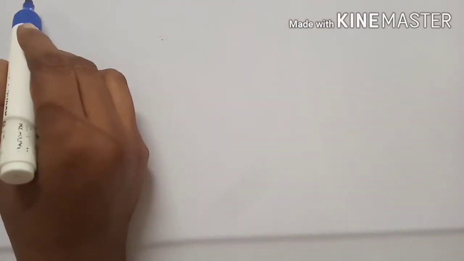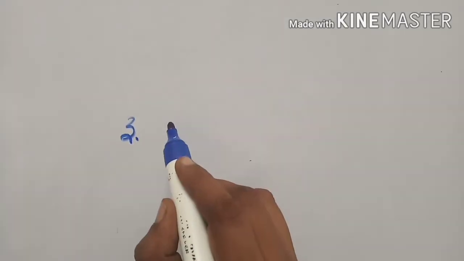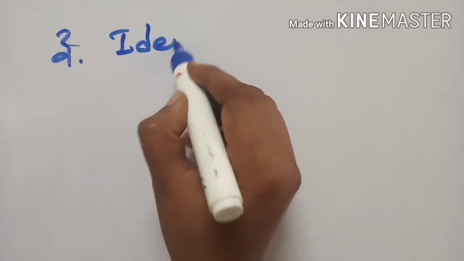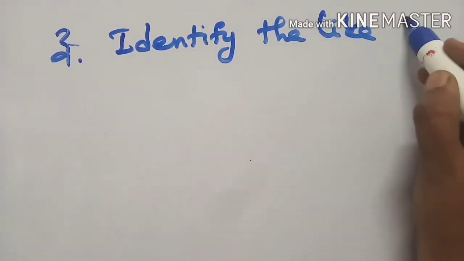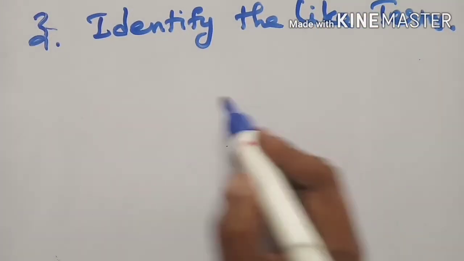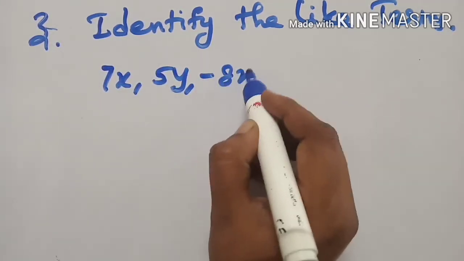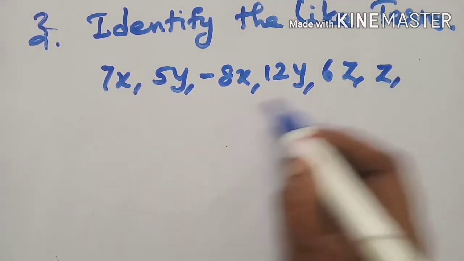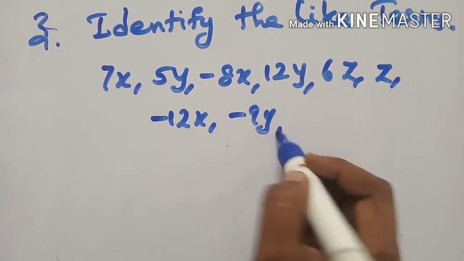Now, the given terms are 7x, 5y, minus 8x, 12y, 6z, minus 12x, minus 9y and 11z.